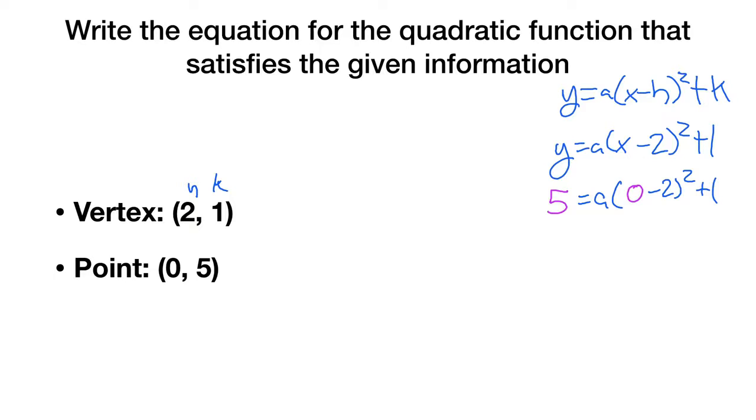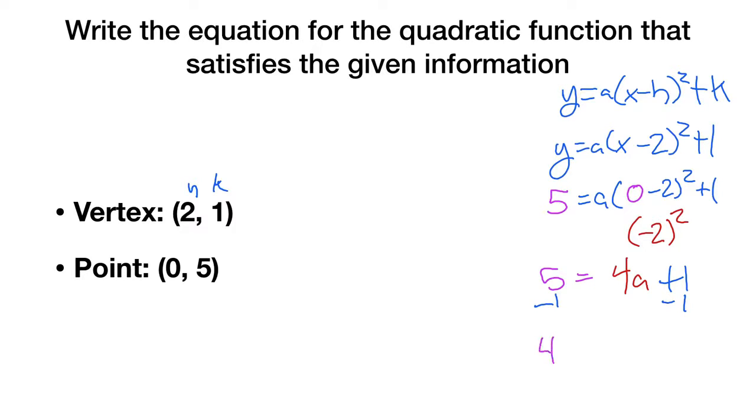Now as we know, 0 minus 2 is negative 2, so negative 2 squared is 4. That means that 5 equals 4a plus 1. Now what I have to do is subtract my 1.